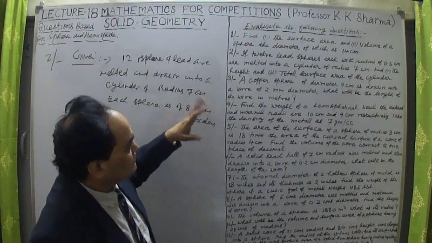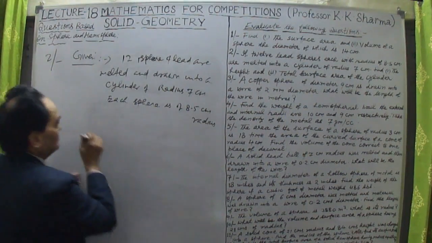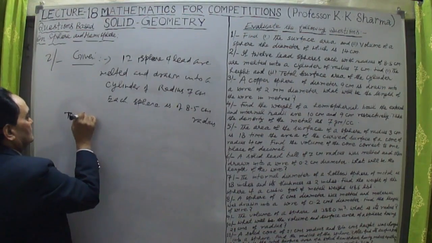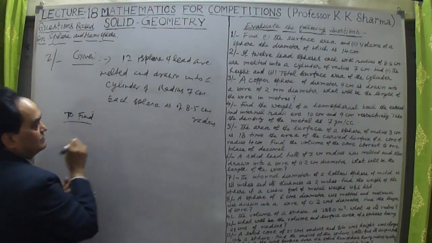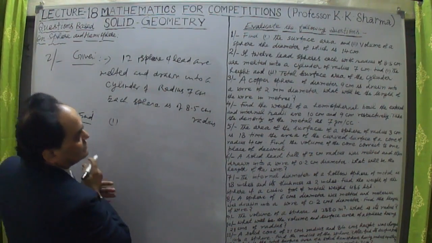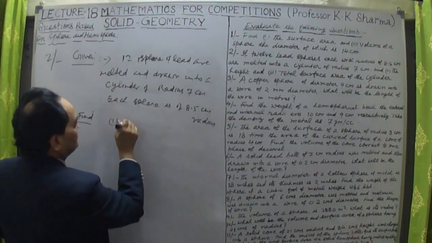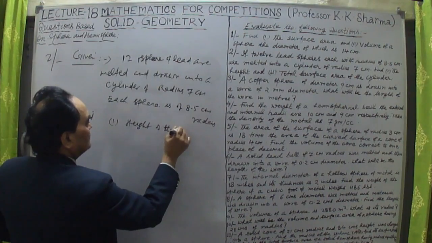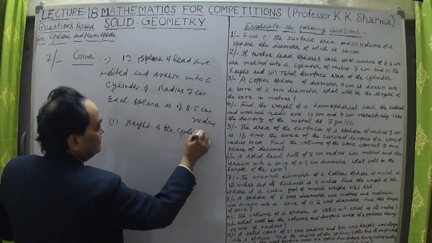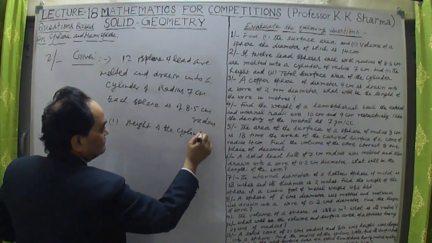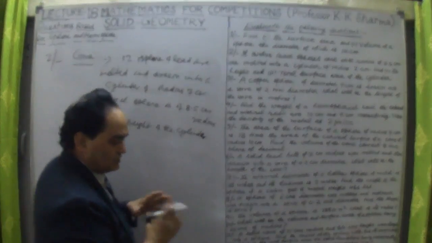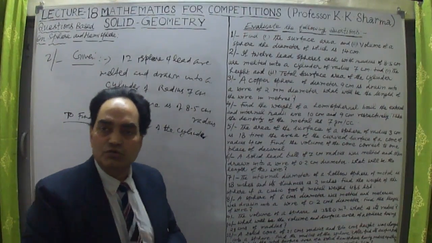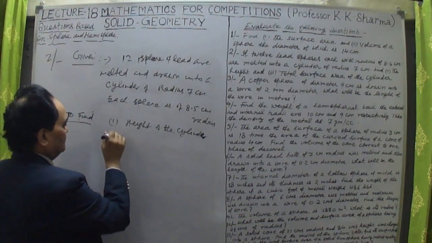So we have to find out, first part, what is the height of the cylinder in which 12 lead spheres are melted into. So the height of the cylinder we have to find out.